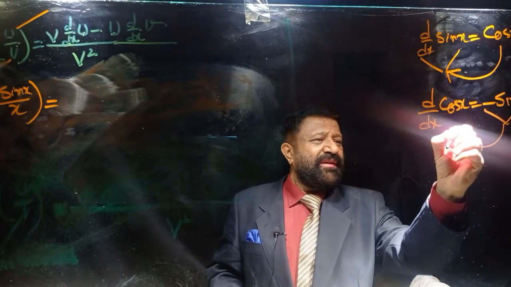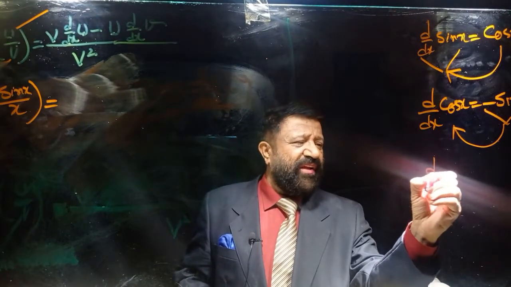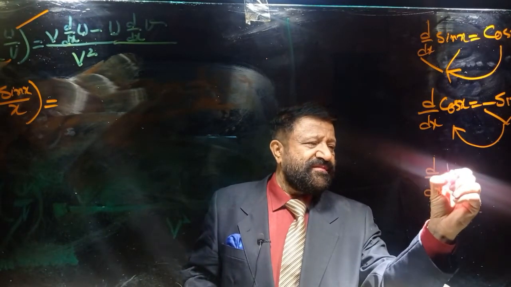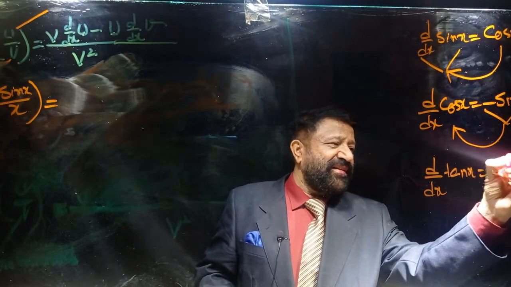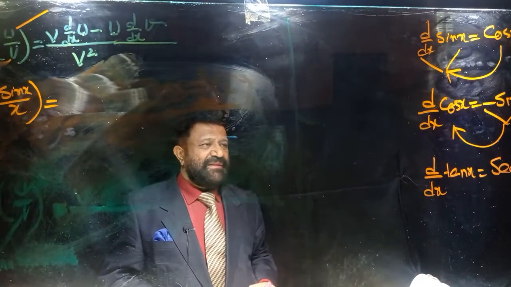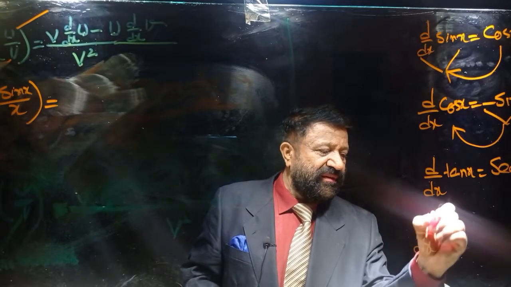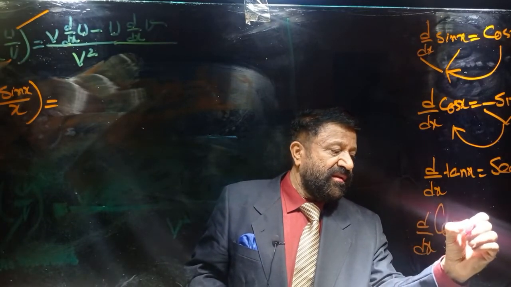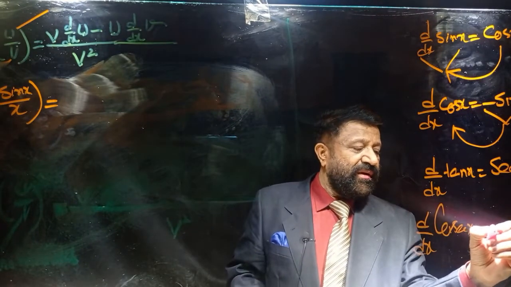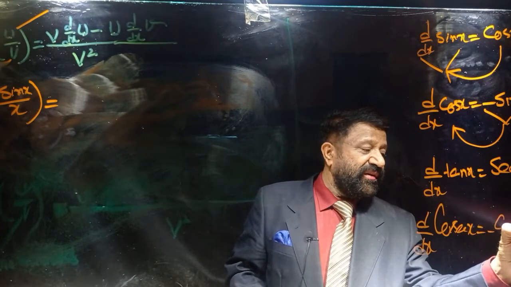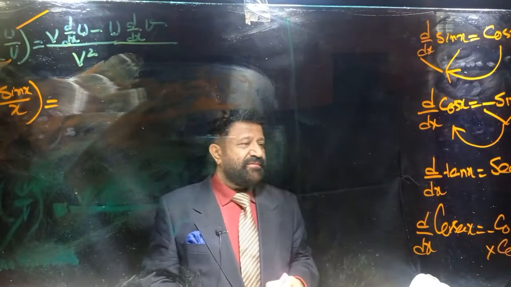Similarly, the derivative of tangent x is secant square x, and the derivative of cosecant x is minus cosecant x multiplied by cotangent x.